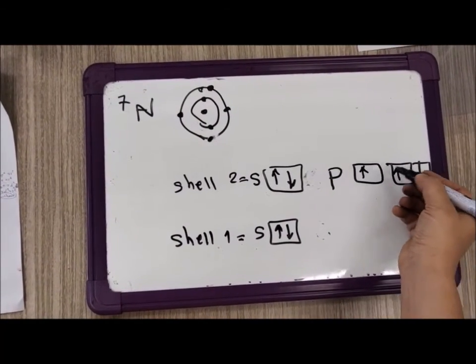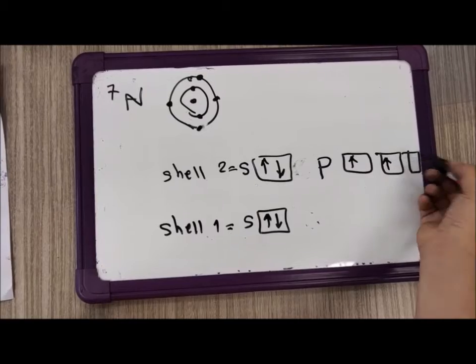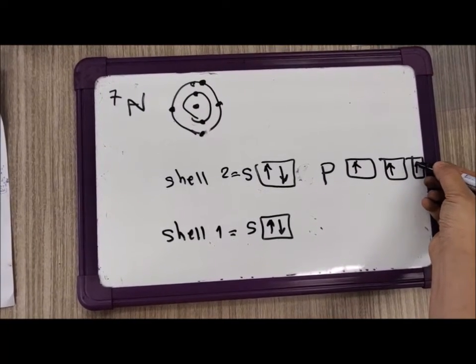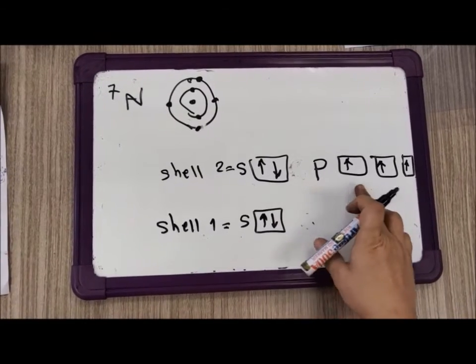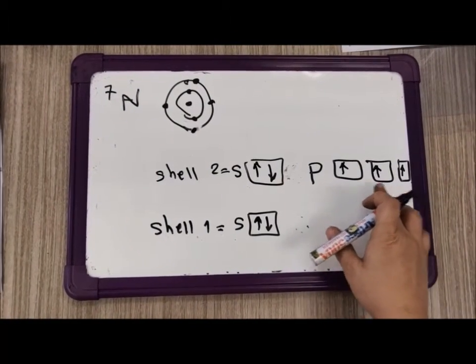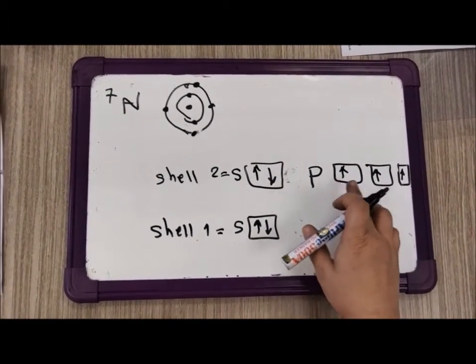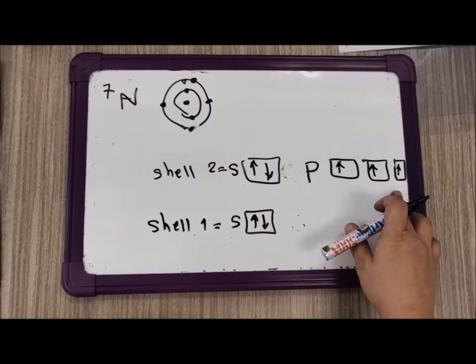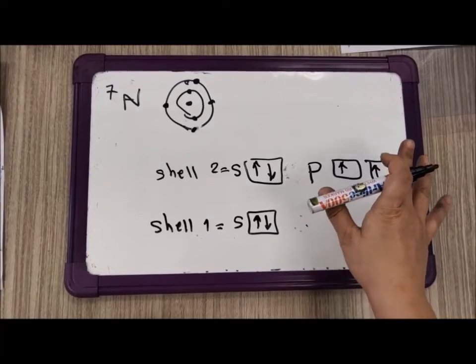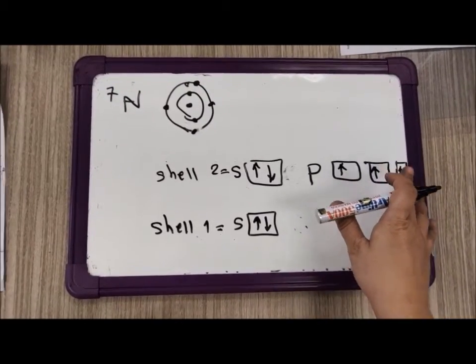So another one. Should I put it here? No. Should I put it here? No. Here? Yes. So now all 3 boxes, or the 3 orbitals of the p, have one single electron each.